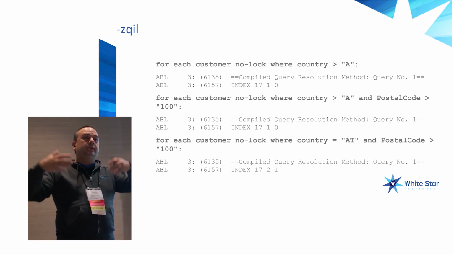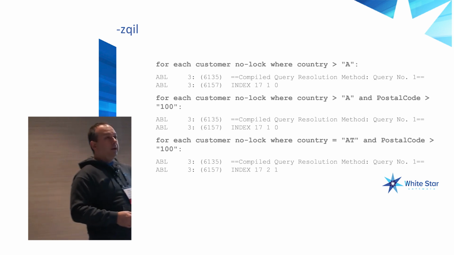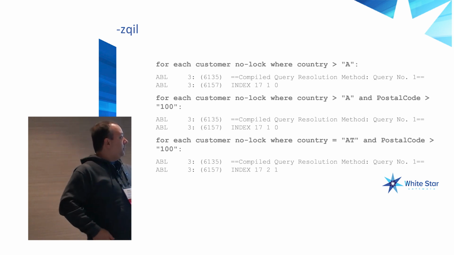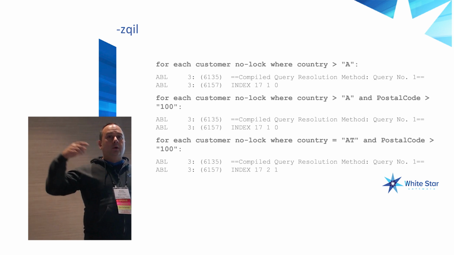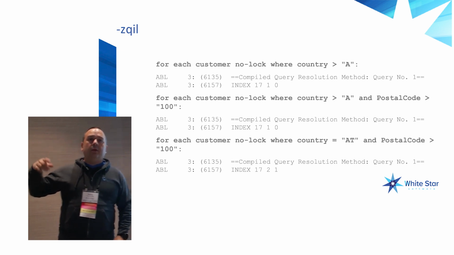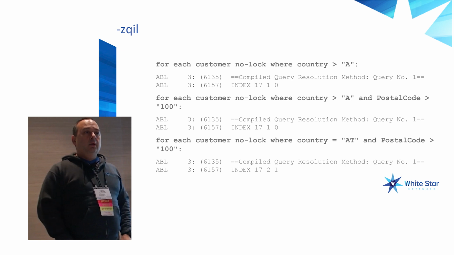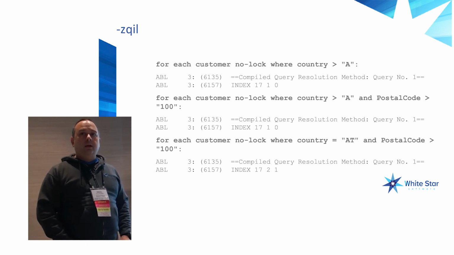But the records are coming based only on country, so you're reading all of the records where the country is greater than A, and then your client is filtering out the ones where the postal code is greater than 100. So it's the equivalent of doing that.